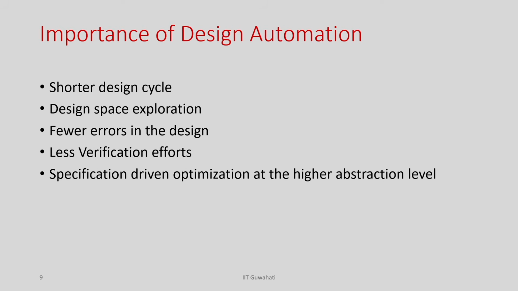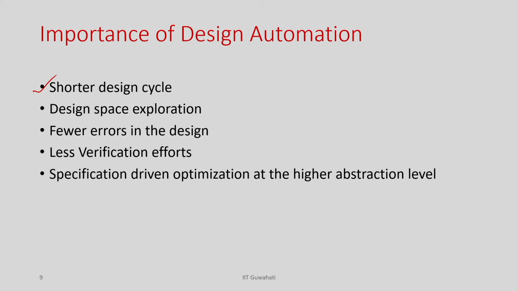So, let us move on. I hope you understand the importance of this design automation. Obviously, the shorter design cycle, right. If we write code in a higher abstraction level, the size of the code is less, and hence we need less time, because the tool automatically, within minutes or seconds, can convert a high level design into a low level design.